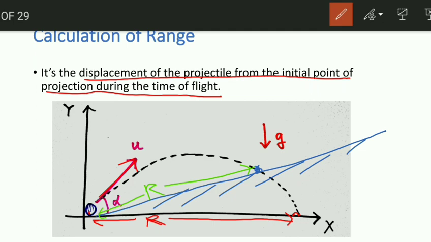I will teach you how to calculate the range and the time of flight of a projectile on an inclined plane in a separate video. Just to make you understand the concept of range, I am showing you this example. So range is the displacement of the projectile from the initial point of projection during the time of flight. So during the entire time of flight, how much it is displaced.